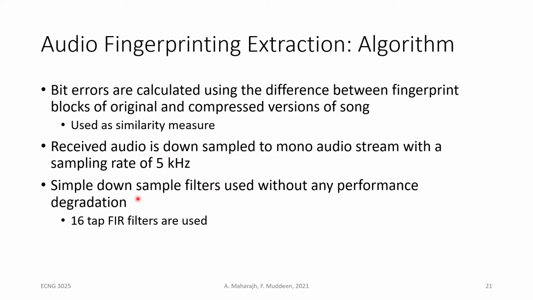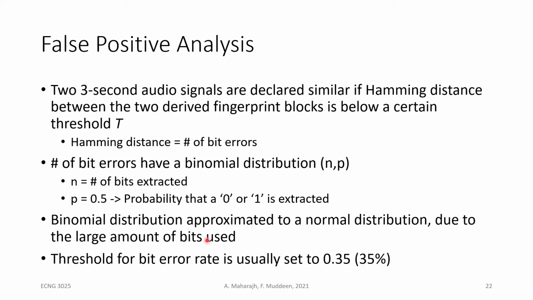And to make sure that we also don't get any performance degradation, we use 16-tap FIR filters to make sure that our signal itself is still robust. Now, that basically gives us the entire process for how we went about creating our audio fingerprint.